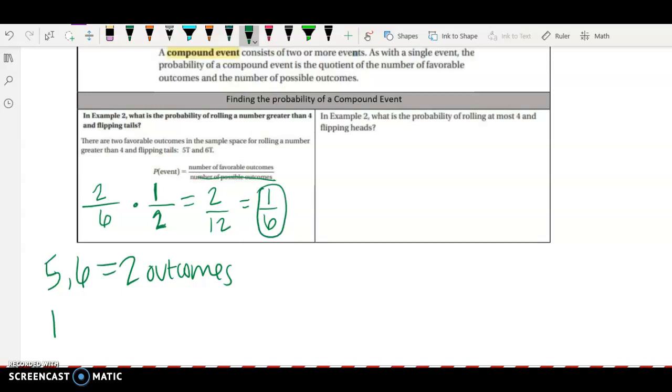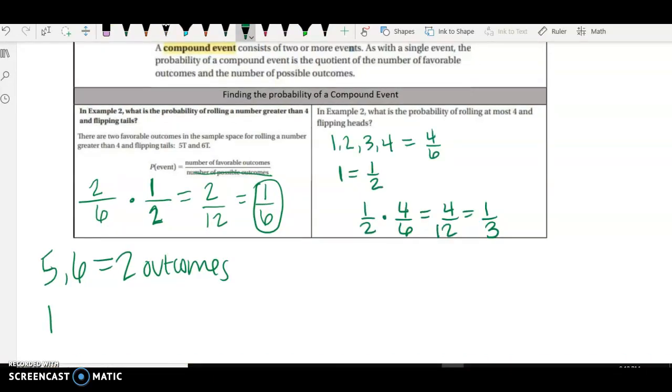So I want you to try the next one on your own, and then check your answer with mine. There are 4 numbers that would make that statement true of rolling at most a 4. So I could roll 1, 2, 3, or a 4. And there's 6 total, so that's why I put it over 6.